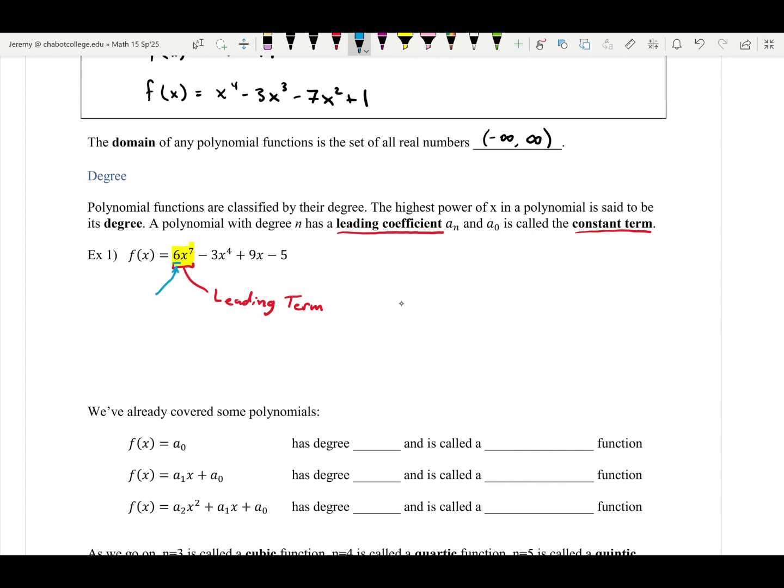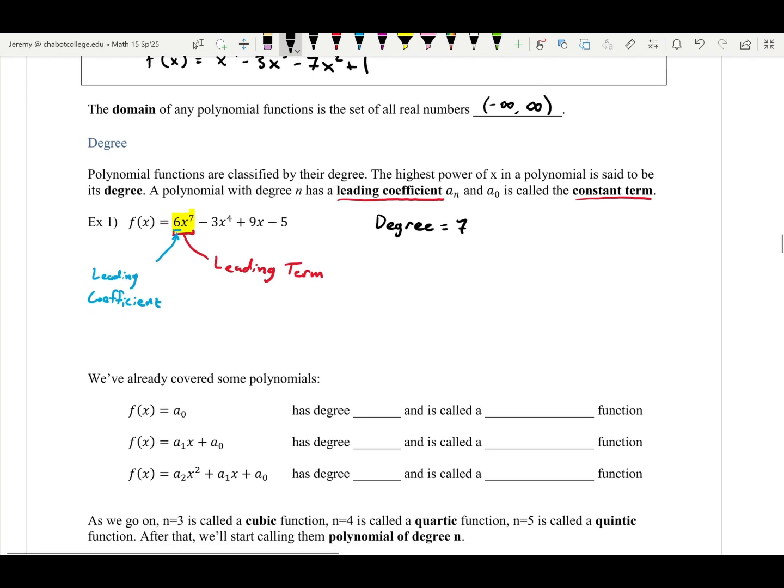This is the leading coefficient. And for this particular polynomial, we are looking at degree 7, because the highest exponent on x is that 7 there.